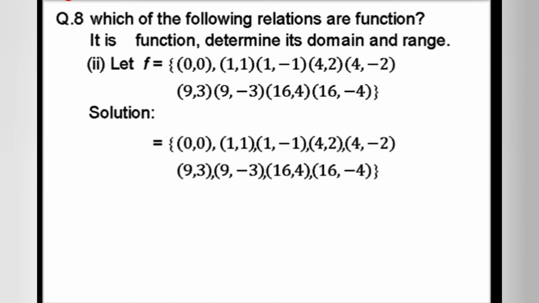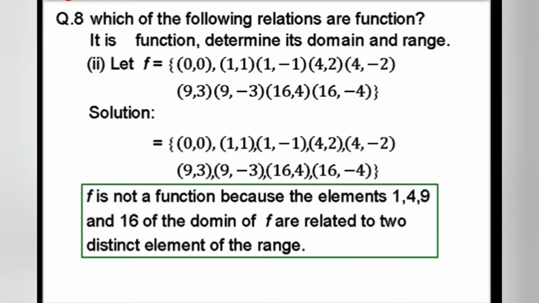Now let f be equal to (0, 0), (1, 1), (1, minus 1), (4, 2), (4, minus 2), (9, 3), (9, minus 3), (16, 4), (16, minus 4). Now, f is not a function because the elements 1, 4, 9 and 16 of the domain of f are related to two distinct elements of the range.